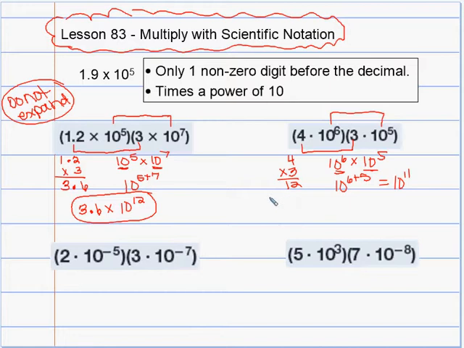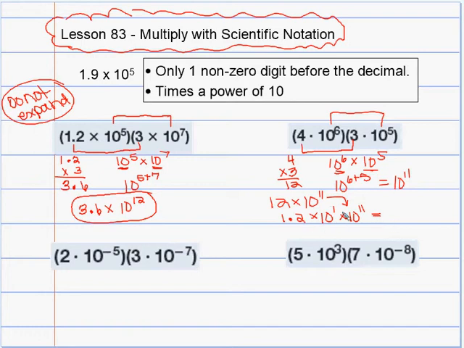So right now I could say this is 12 times 10 to the 11th power, except I can use only one non-zero digit before the decimal, and here I have 2. So this number is 1.2 times 10 to the first power, because to make 1.2 back to 12 I would move the decimal to the right, but I still have this times 10 to the 11th power.